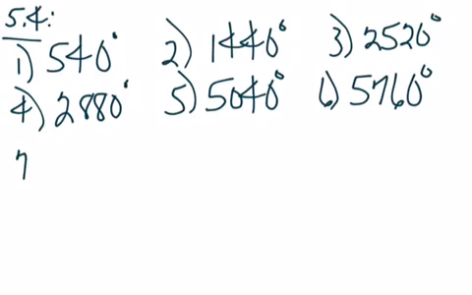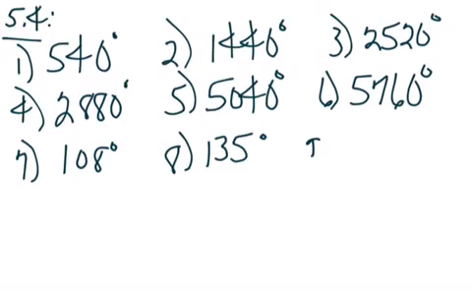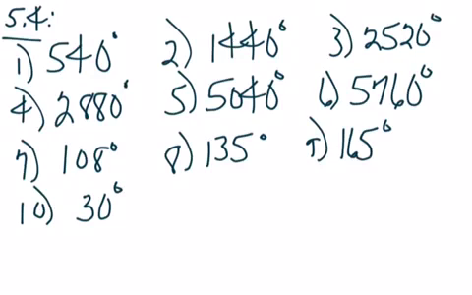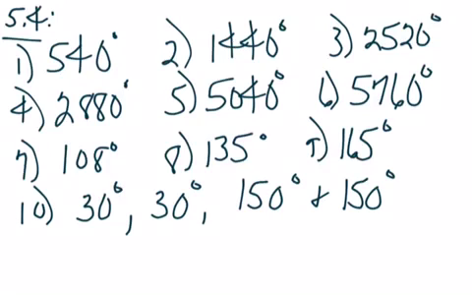On 7, you begin to find the measure of one interior angle, so that is 108 degrees. Number 8 is 135 degrees. And number 9 is 165 degrees. Number 10, the angles are 30 degrees, 30 degrees, 150, and 150 degrees, because it asks you to find all the angle measures.